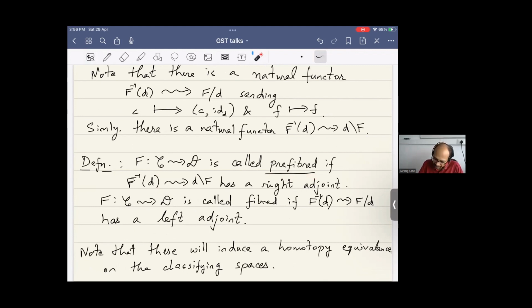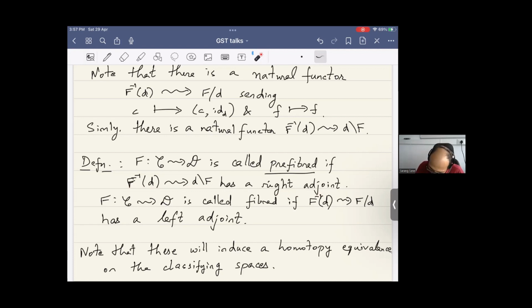The point is that once it's pre-fibered, which is to say it has a right adjoint, remember, adjoints give homotopy equivalences. So that means that if you look at the classifying space of this and the classifying space of this, they are homotopy equivalent to each other.